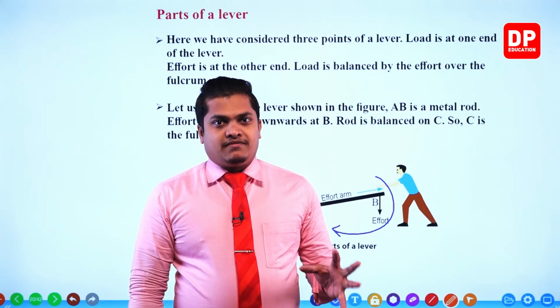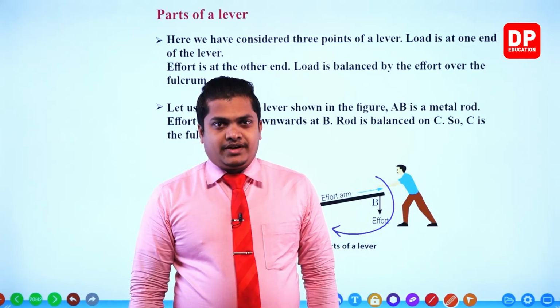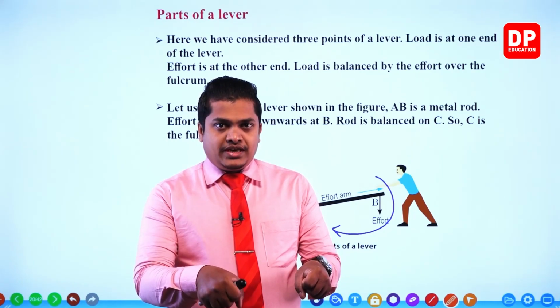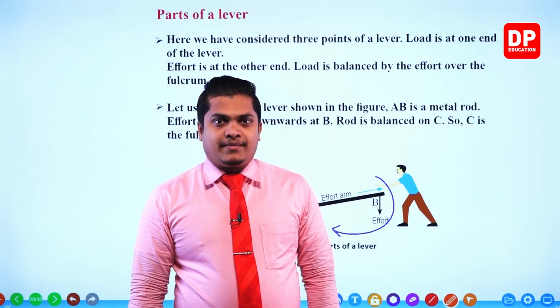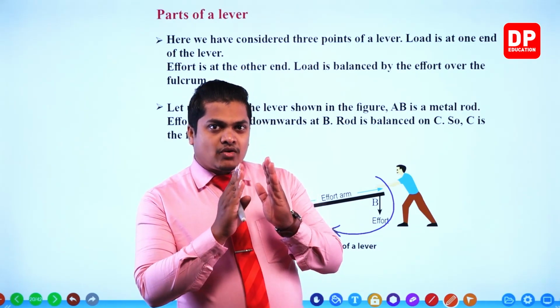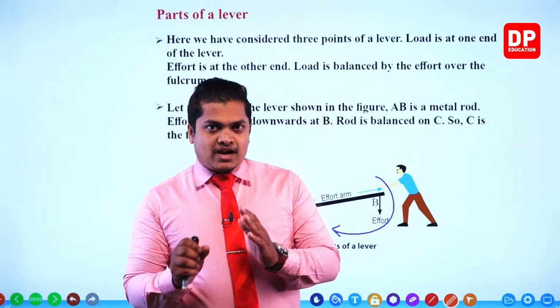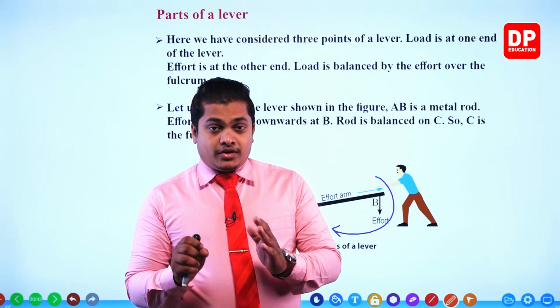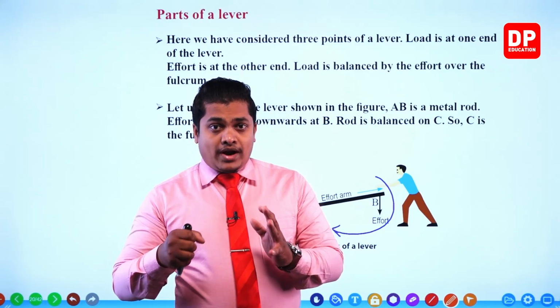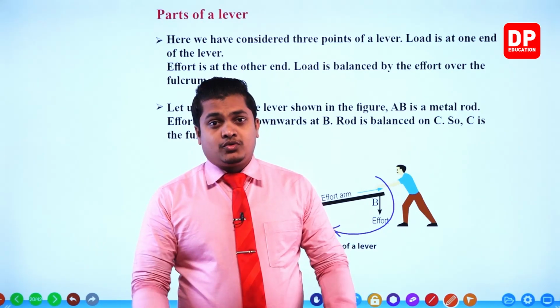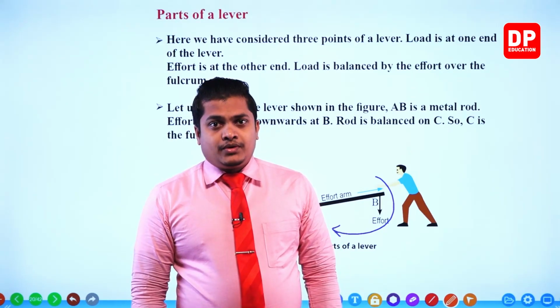This is also somewhat similar to the process of lever, my dear children. If the handle is closer to the hinges, then what will happen? The distance between the rotation point, the hinges, and the door handle is less. That means we have to apply heavy force to open the door.